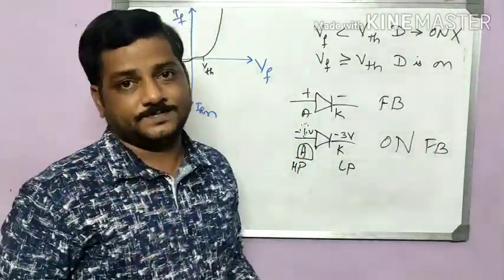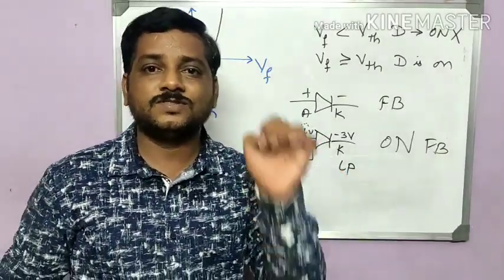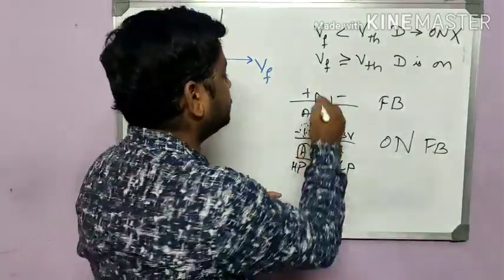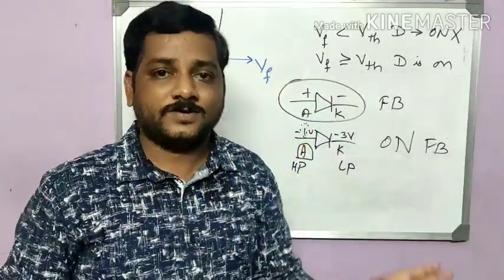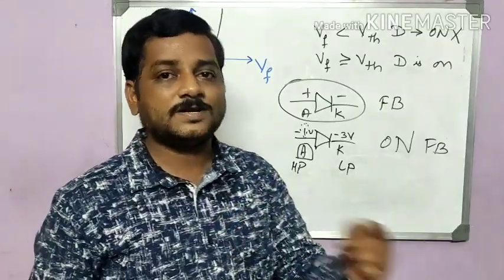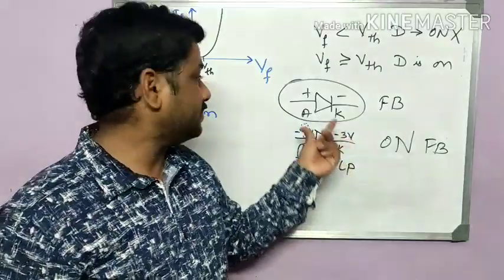If you understand this funda, it will help you solve clipper and clamper concepts easily. Don't just stick with the earlier condition. That definition is suitable only for rectifiers, but when you go for clippers and clampers, it will create confusion.